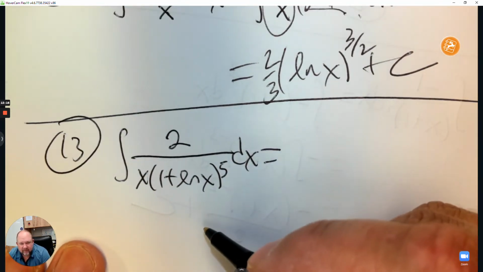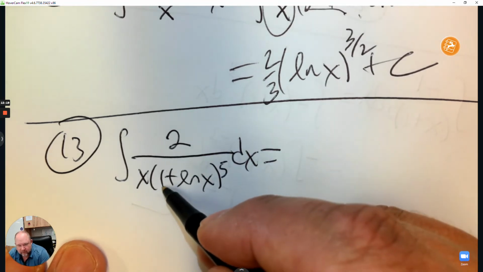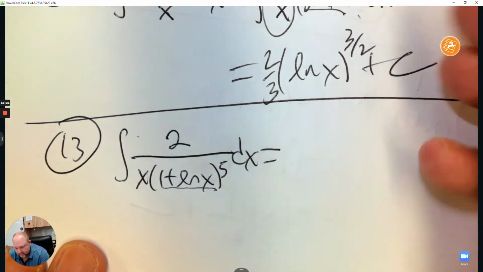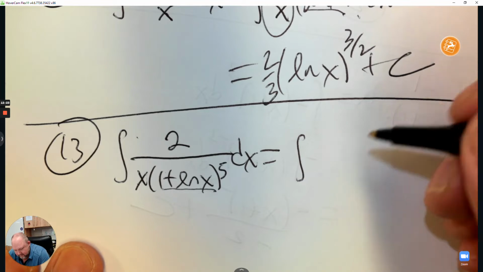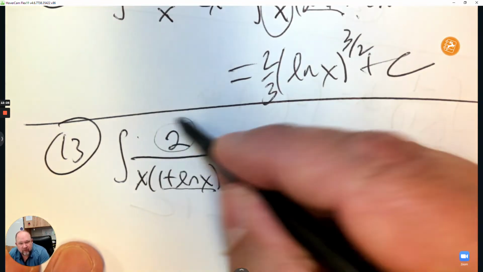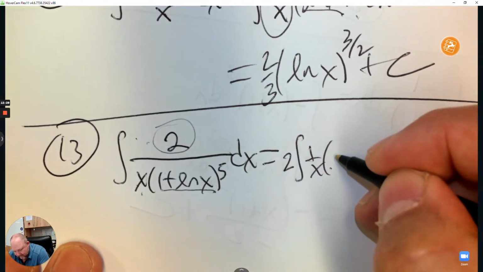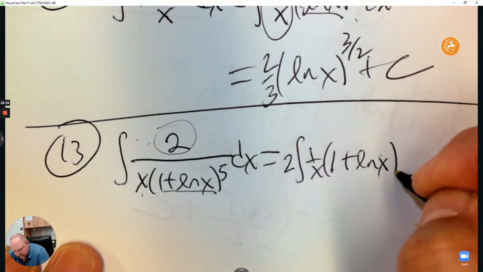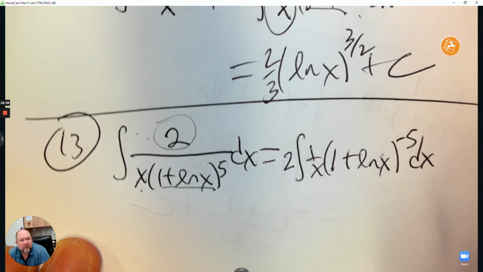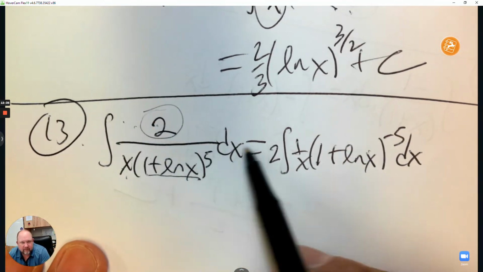All right, so what kind of things do I see again? I know the derivative of this is 1/x. So let's just rewrite this. This 2, I'm going to write in front, and then I have 1/x, and then I have 1 plus ln x to the -5. So I rearrange it algebraically. The 2 can be written in front.